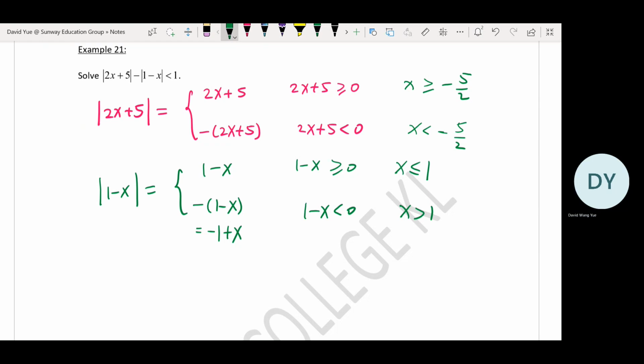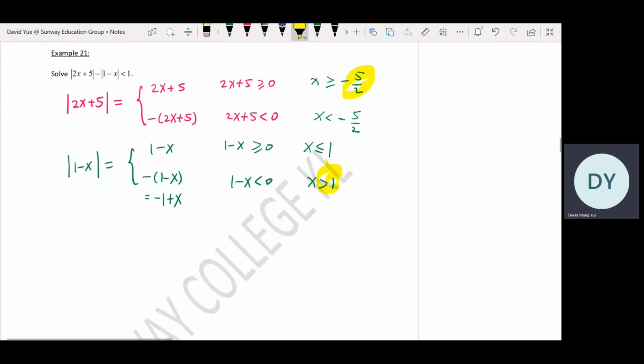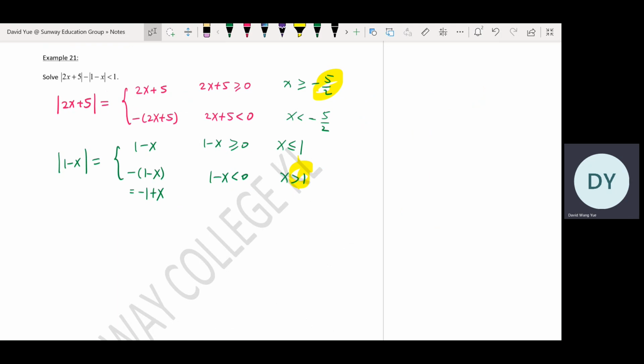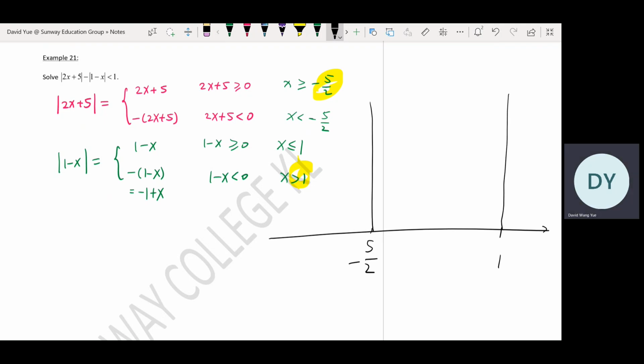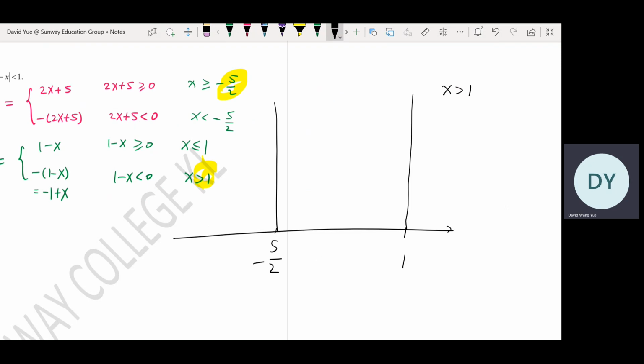Now, we know that there are two values involved, which are minus 5 over 2 and 1. So here is what I'm going to do. I draw the number line, and I separate this number line into 3 intervals. The first interval is when x is greater than 1.